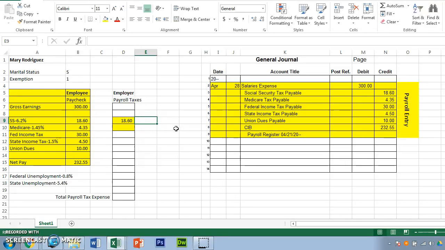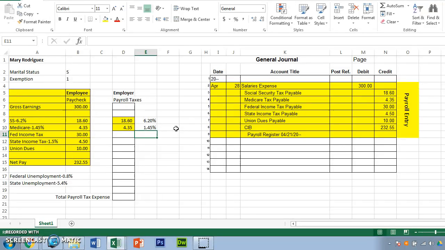So the employer pays 6.2% of gross in addition to what Mary had taken out of her paycheck. The employer will also match the Medicare, 4.35. So the employer has to pay 1.45% of gross in addition to what Mary had taken out.